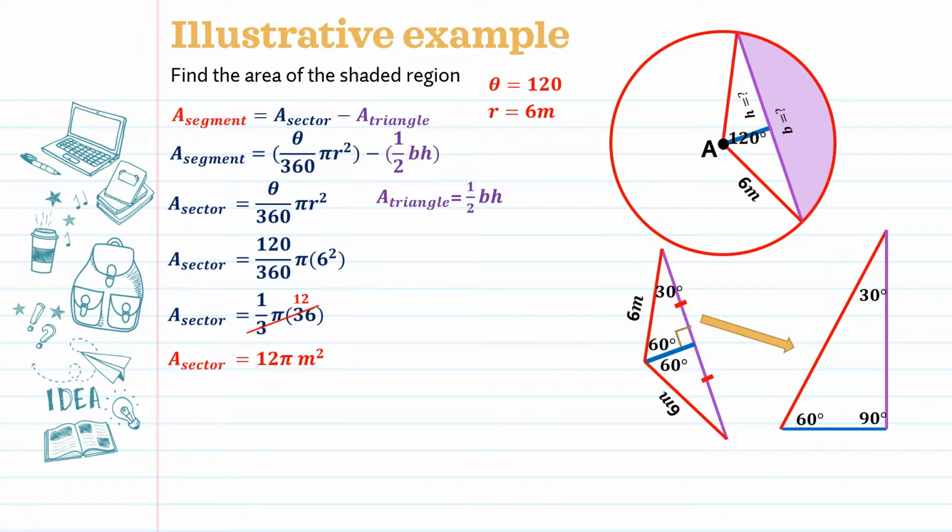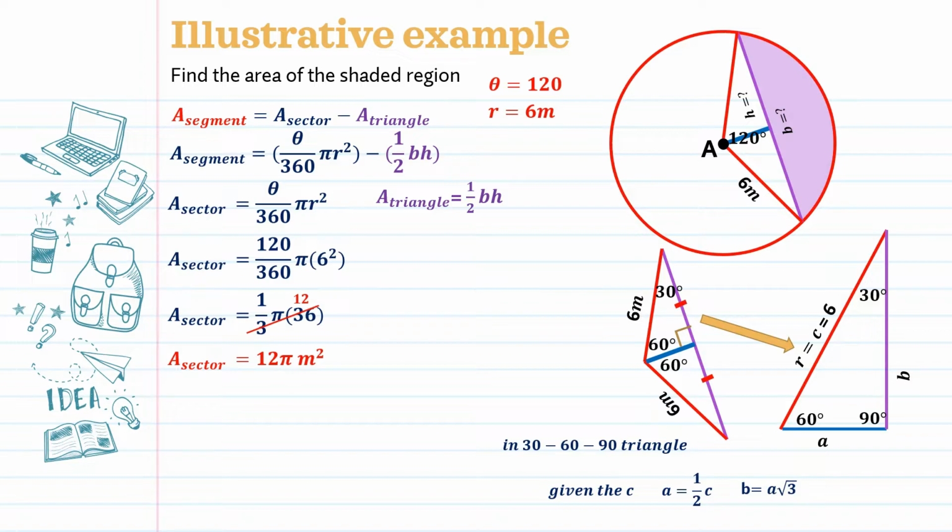So in the 30, 60, 90 right triangle, your R will become your C, which is equal to 6. Then your height, which is the blue segment, is our A. Then the half of our base will be our B. So since this is a 30, 60, 90 triangle, if you're given the C, you can get the A by getting 1/2 of C. And you can get the B by getting A square root of 3.